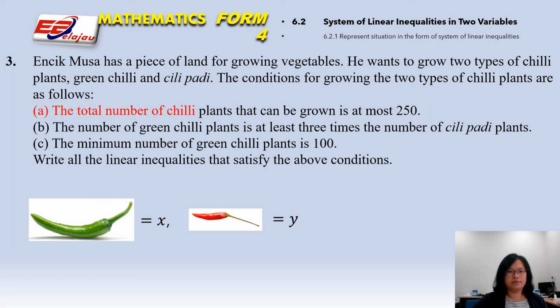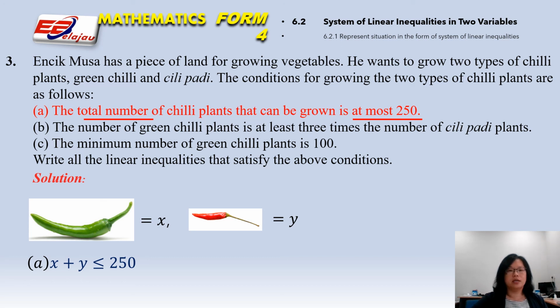Condition A. The total number of chili plants that can be grown is at most 250. The keyword for this condition is total number, which can be represented by x plus y. And at most 250 means that x plus y is always less than or equal to 250.